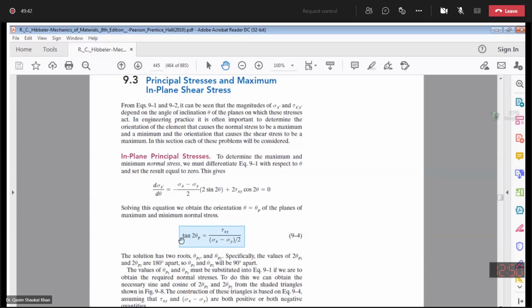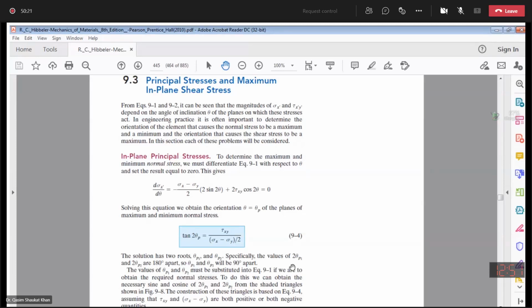Now, when you solve this equation, the solution of equation 4 has two roots, theta p1 and theta p2. So you can have two values of theta p. Specifically, the values of 2 theta p1 and 2 theta p2 are 180 degrees apart.